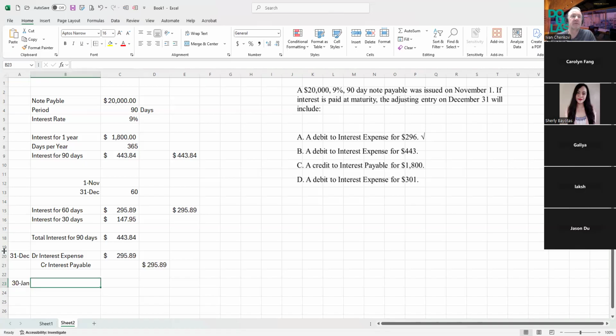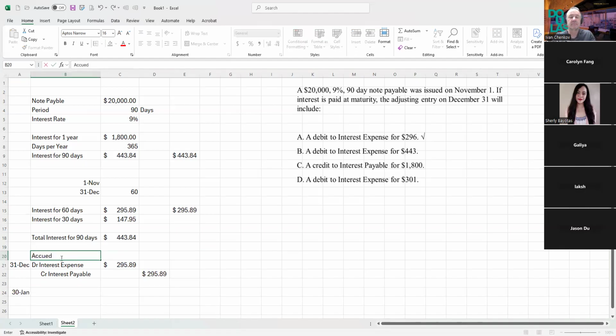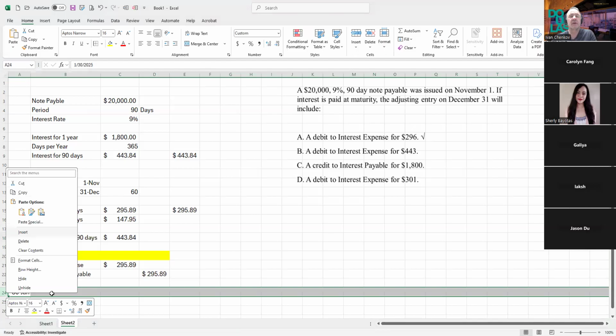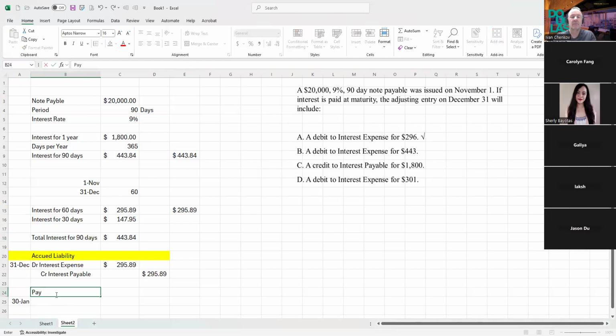Here on December 31st, we have to show the liability. Now we are on January 1st. What do we have to do on January 1st? We have to pay the note payable.